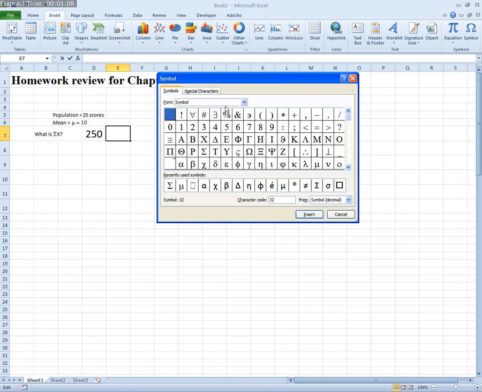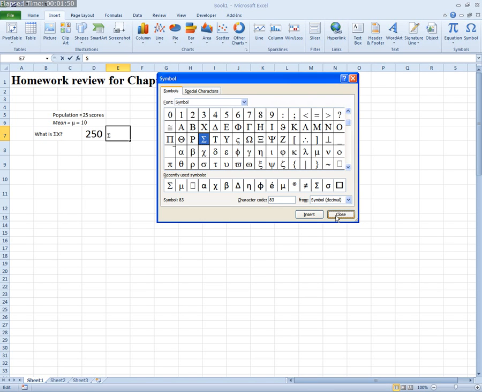I take my symbols, and I could scroll through them, and the first group has my Greek letters in them, so you could see the alpha, the beta, the chi, etc. The ones that we're going to be using are right up there. So here's your x, and here is your sigma. If I wanted to introduce a sigma, I would just simply light it up and press insert, and it would insert it right here.